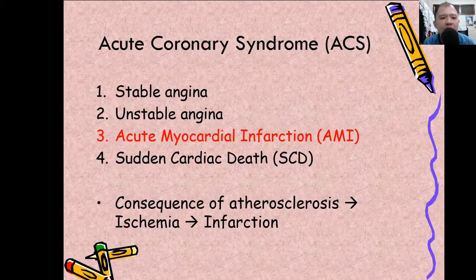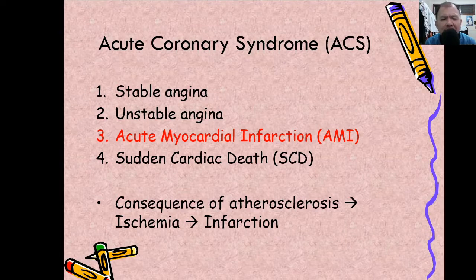Let's go back to our lesson in general pathology. When we talk about acute coronary syndrome, we are talking about stable angina, which is chest pain when the patient is exercising, or with effort. Unstable angina is chest pain when the patient is at rest.